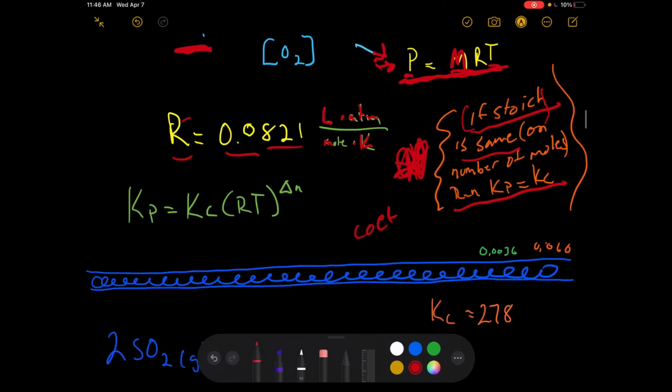If you're given Kp and they ask you to find Kc, or if you're given Kc and they ask you to find Kp, this is the equation you're going to use. Kp, K pressure, equals Kc, K concentration, times RT, the gas constant times the temperature they give you, all raised to the power of the change in number of moles, or the coefficient difference.